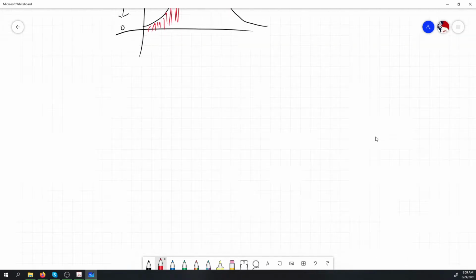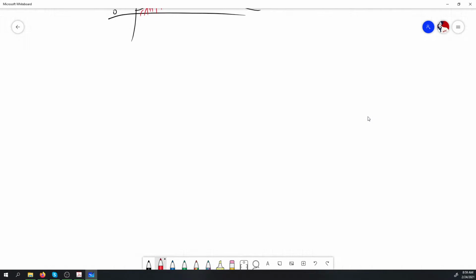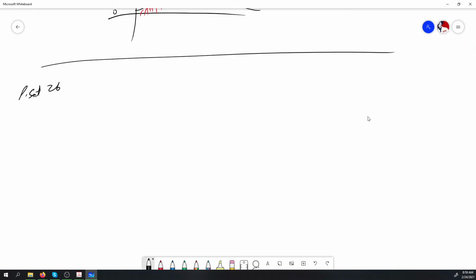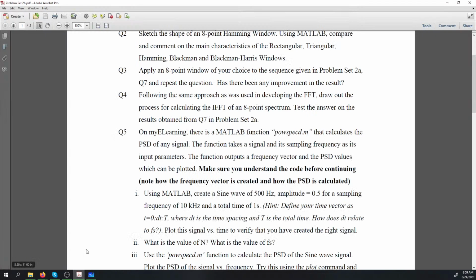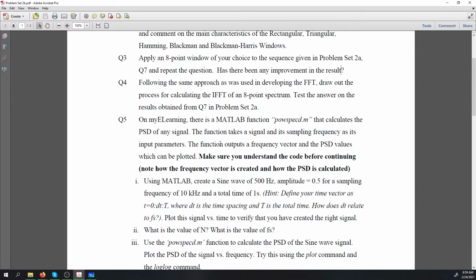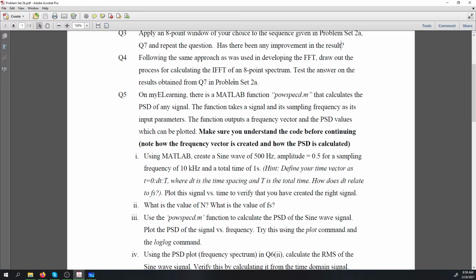So let's go on to the next question, which was question 4 in problem set 2b. Question 4 here basically asks us to do the inverse FFT of the 8-point spectrum from the result obtained from question 7 in problem set 2a.